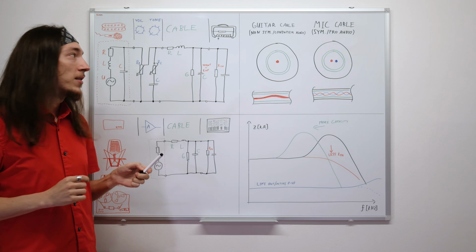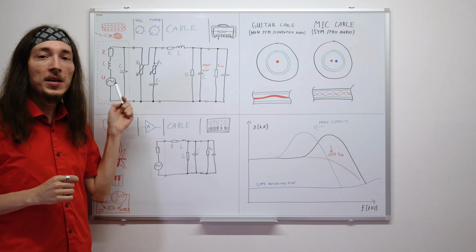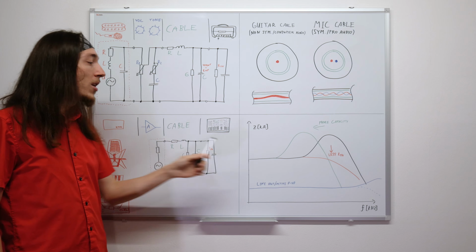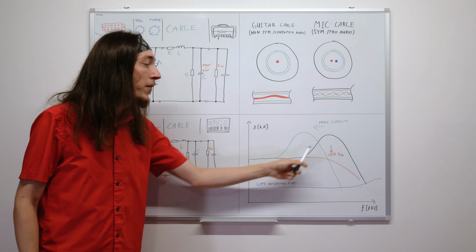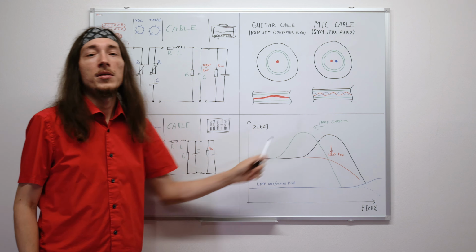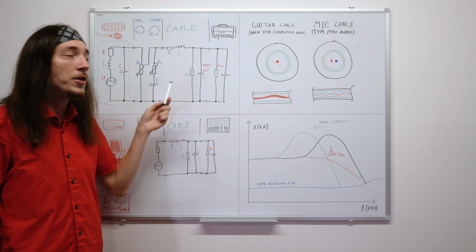Why do we need this? We need this because this device has some impedance characteristics and more or less it is some resonance system. So it may have some impedance peak and some impedance resonance, which may change depending on the type of cable we are using.